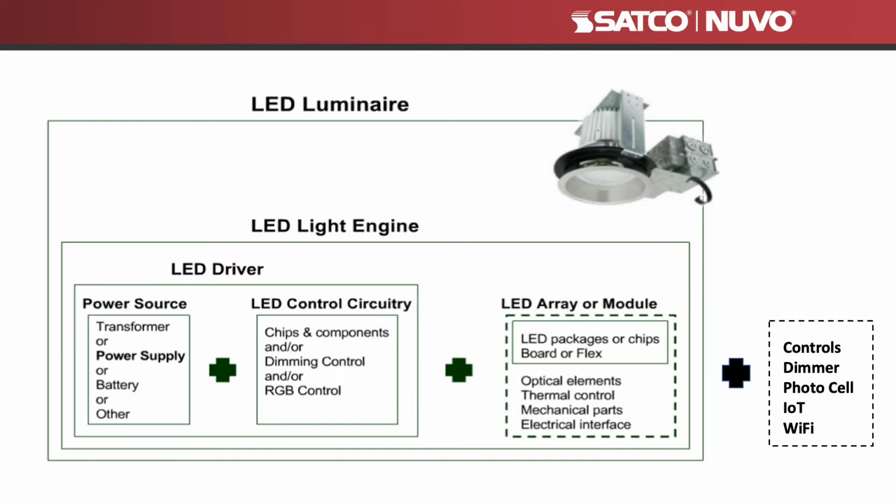It then has the housing parts, the junction box, the electricals, and the controls, if it has any: a dimmer, a photocell, something to measure some specific item like the amount of widgets that go by or people in a space, which can be used to produce more efficient systems, and we call that the IoT or Internet of Things. And it may even have a device with a Wi-Fi chip in it.